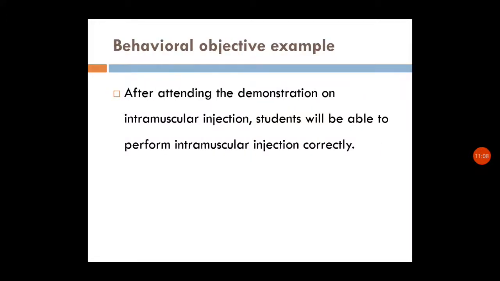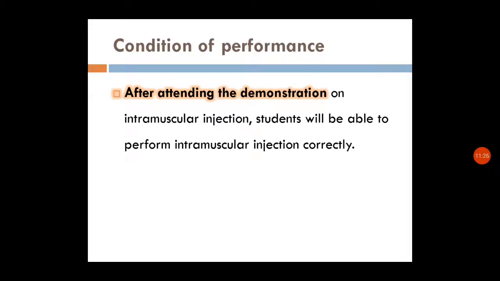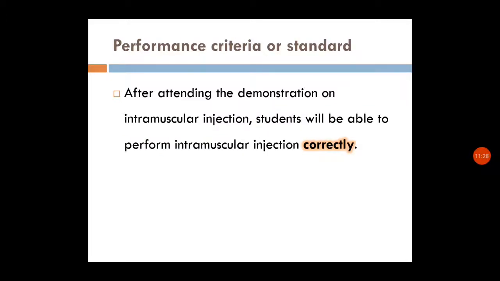When you observe the example, after attending the demonstration on intramuscular injection, student will be able to perform intramuscular injection correctly, this is the correct way of writing a behavioral objective or specific objective. Here we have a condition, a student behavior and the standard. These three make a behavioral objective a good one. Hope you all are clear with how to write behavioral objectives.